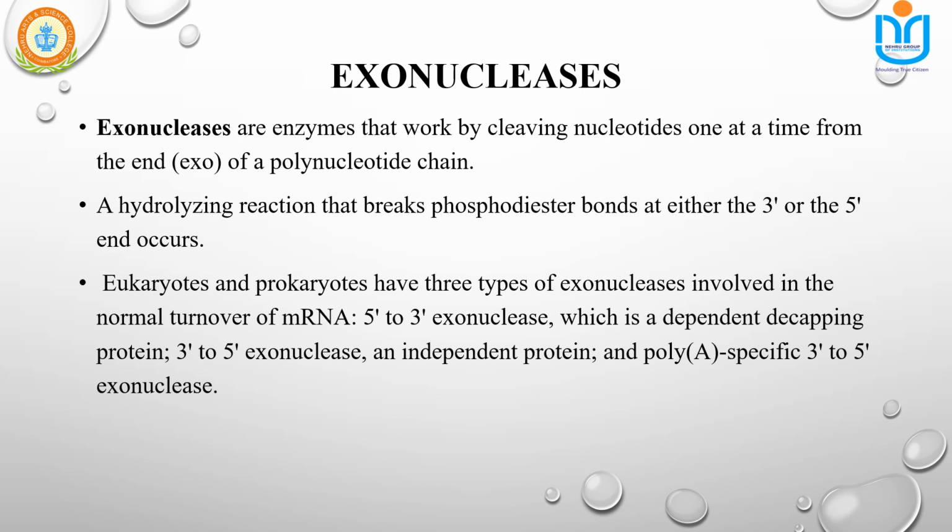Eukaryotes and prokaryotes have three types of exonucleases involved in the normal turnover of mRNA: 5' to 3' exonuclease, which is a decapping-dependent protein, 3' to 5' exonuclease, an independent protein, and poly A-specific 3' to 5' exonuclease.